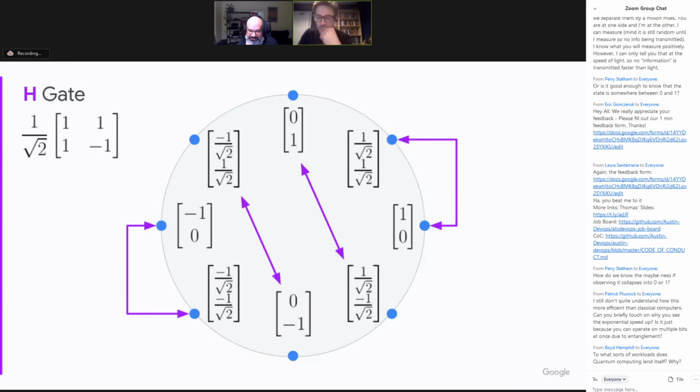Okay. Is it good enough to know that the state is somewhere between 0 and 1? Well, for most quantum algorithms, in a way, no, although some of them care less. Sometimes you do want to know precisely the state between 0 and 1, but there are a class of algorithms where they have a way of amplifying, and I'm using that word in conjunction with our amplitudes, amplifying the good answers and dimming down the bad answers.